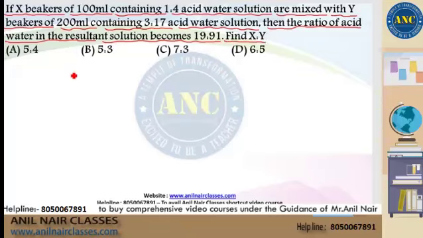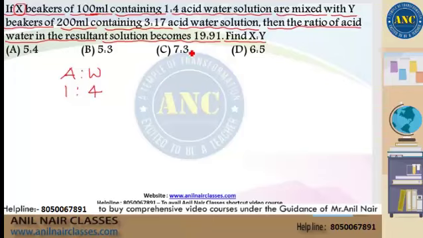Now see here. In the first case they are giving the acid water ratio as 1:4, and totally there are X beakers of 100 ml. It is a vessel of 100 ml each, and there are totally X beakers. How much is the value of X? We don't know, which we need to find.